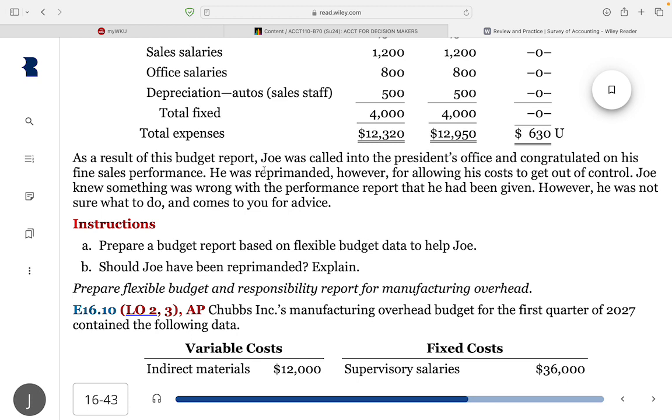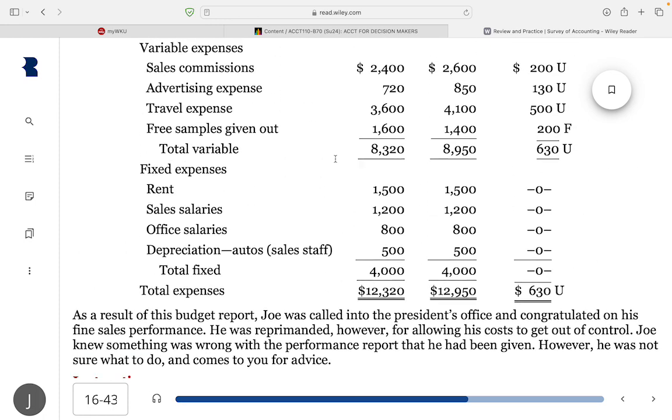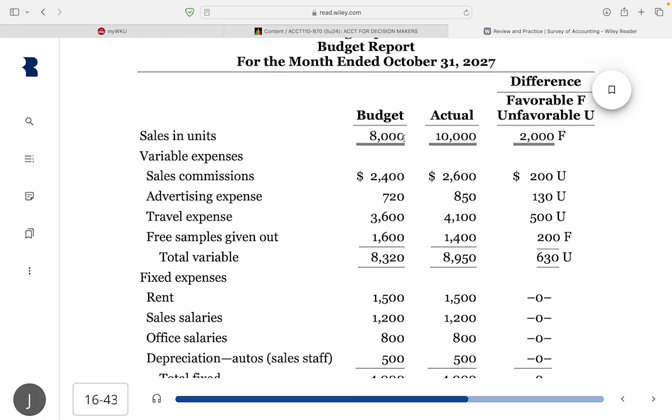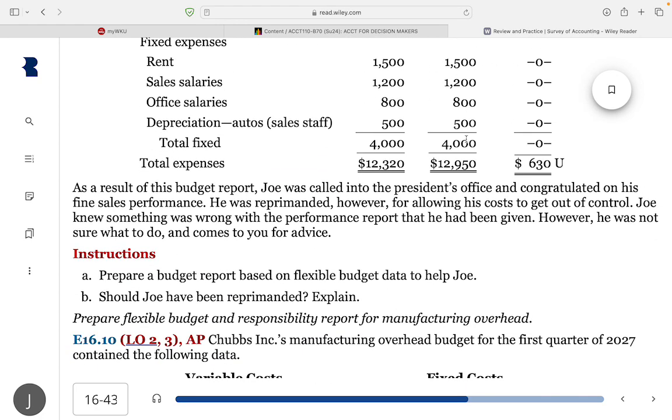It says, as a result of this budget report, Joe was called into the president's office and congratulated on his fine sales performance. So they had budgeted 8,000 sales units and they actually had 10,000 sales units. So, hey, you did better than expected. So, yeah, you're going to get congratulated for that as the sales manager. He was reprimanded, however, for allowing his costs to get out of control.